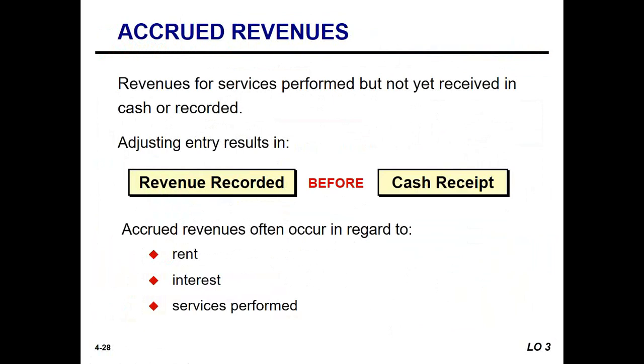I always like this one to think about interest earned. If I have money invested somewhere and I'm earning interest on that money, I haven't received that money. Whatever investment I have it in hasn't paid out yet, but I've earned that interest.